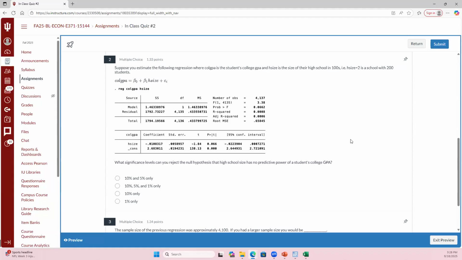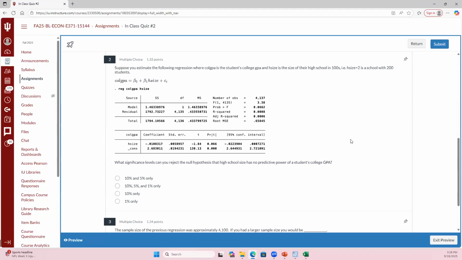So 0.0108 divided by 0.00589 should give us that 1.84. And I ignore the negative sign there, but if we have a negative sign, obviously we have to use that. It then looks it up in the student T table. It correctly identified what student T distribution to use. It doesn't even have to use the standard normal approximation. It then uses that p-value, and now I can start to make rejection decisions.